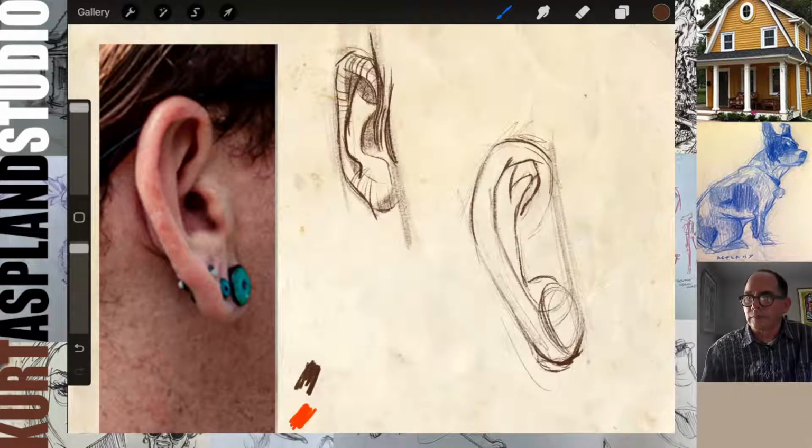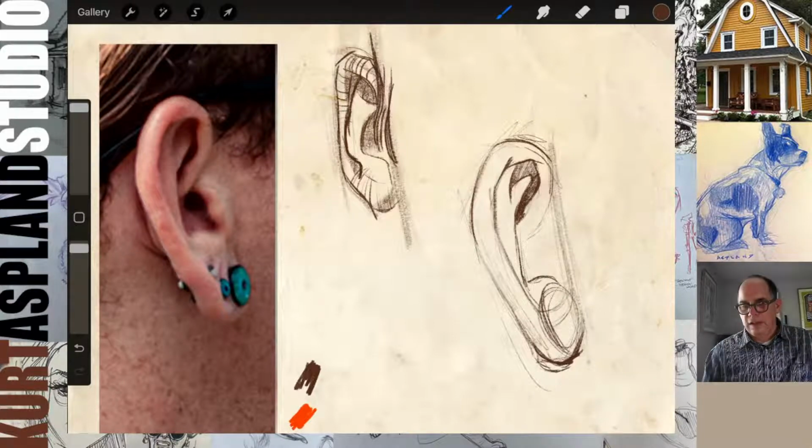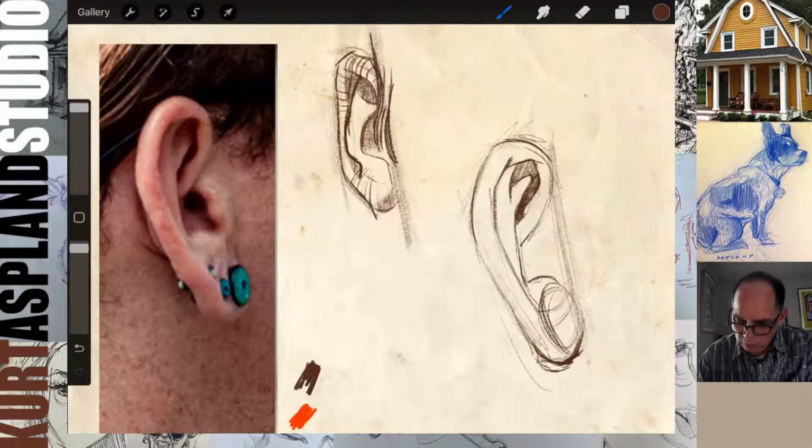Okay. Let's add some tone here so you can see it a little bit better. All right. You could even add, let's add some surface lines.